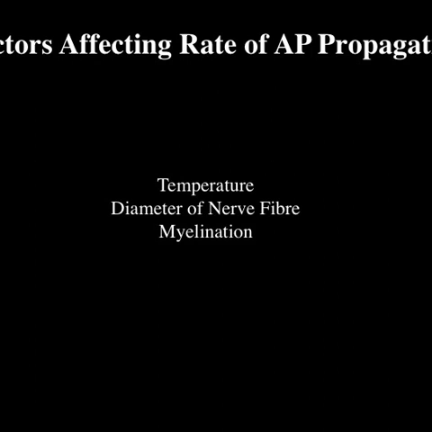So, for example, your pain pathways are unmyelinated C fibres. And if I drop a brick on your foot, you'll feel that straight away, but it won't become painful for about 2 seconds.